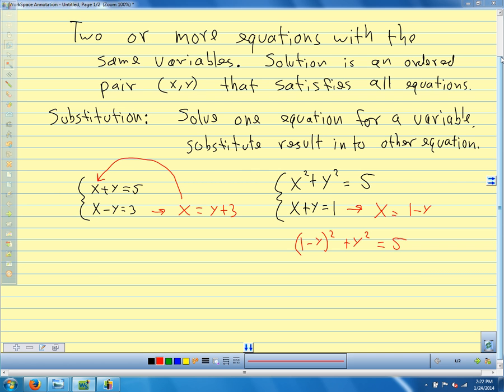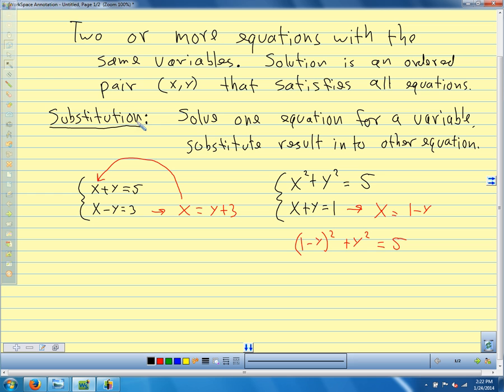And anytime we're solving systems of equations, we can always check our work. When we're done, when we get our answer, plug your numbers back into your equation, make sure they work. If they don't work, you've done something wrong. So you can always tell if you've done your problem correctly or not. So there's our substitution method.